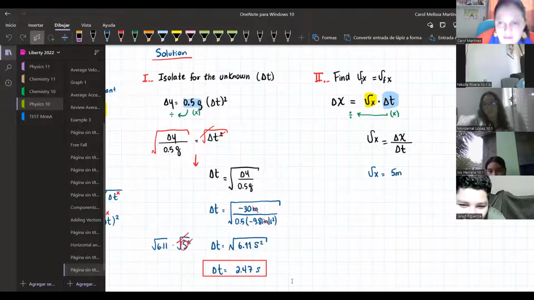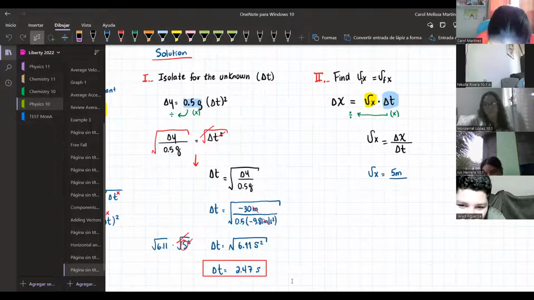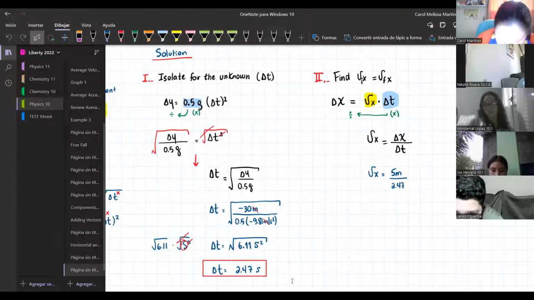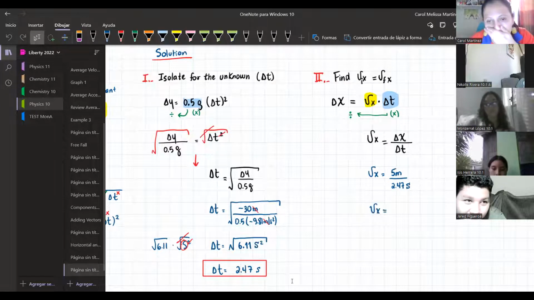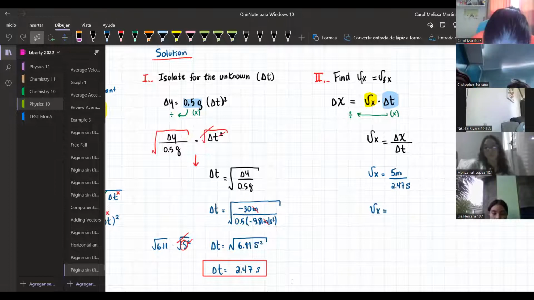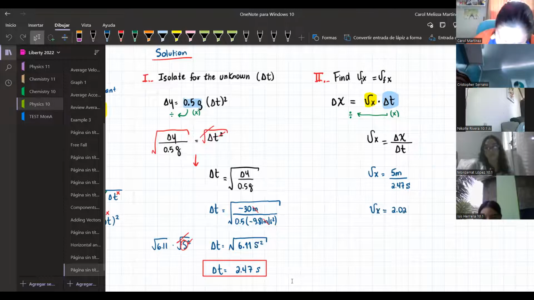And delta t is the one that we just got, that is 2.47 seconds. How much is vx? 2.02 meters per second. 2.02. And the units are going to be meters above and seconds below, so it's going to be meters per second.